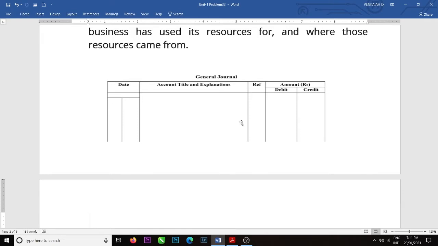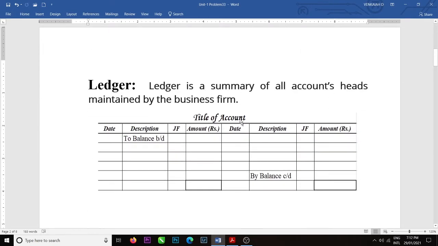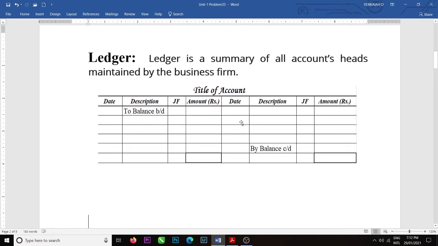After journal entries are prepared, we move forward to summarize those accounts. The summary of accounts is called a ledger, which has an opening balance and we will find the closing balance.